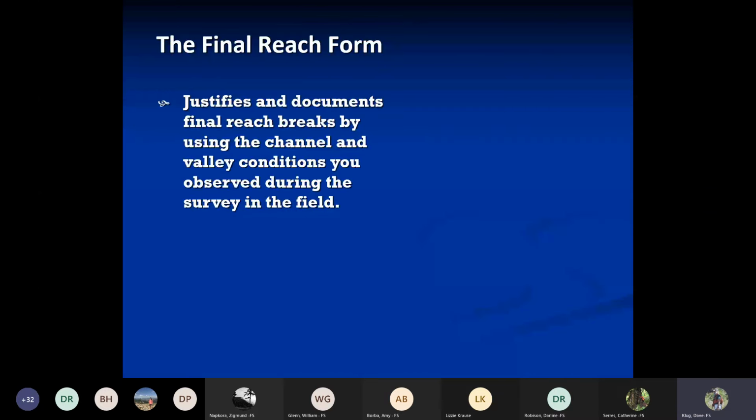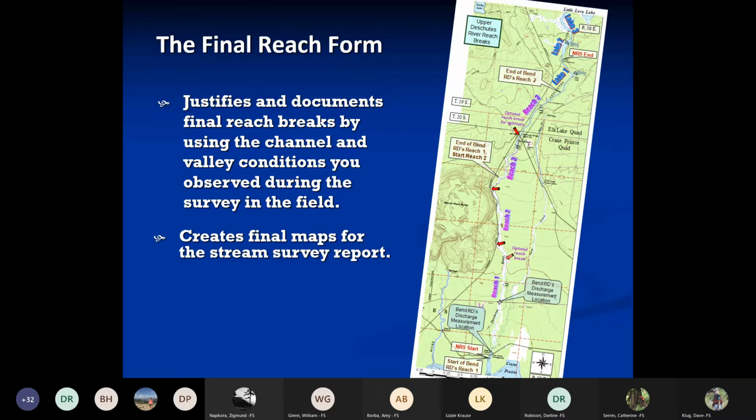Okay, so what does the final reach form provide for us? It justifies and documents the final reach breaks by using the channel and the valley conditions you observed and measured during the survey in the field. It nails down those final reach breaks, and it creates a final map for the stream survey report.